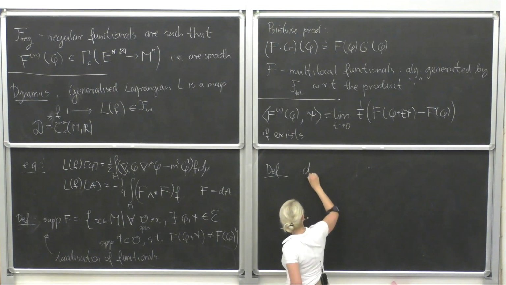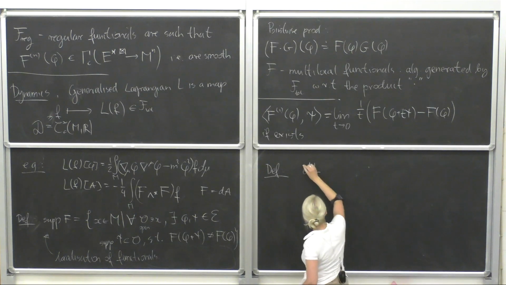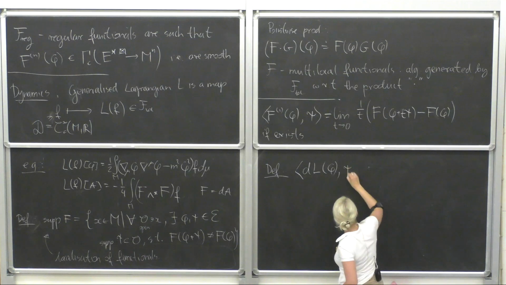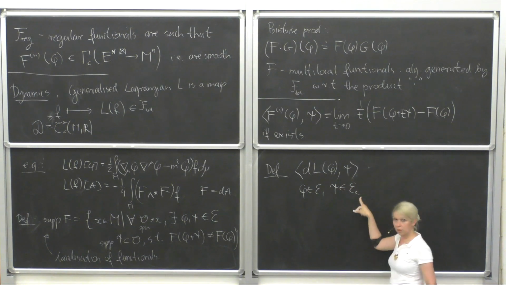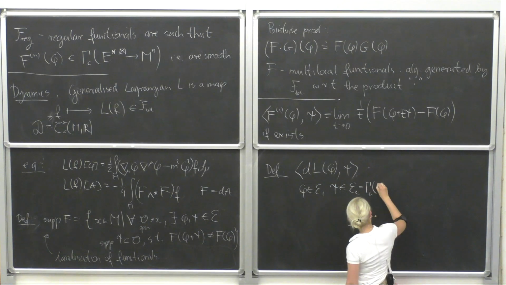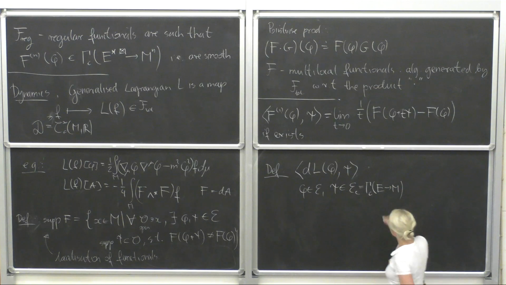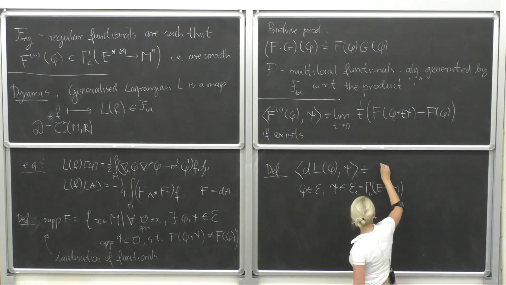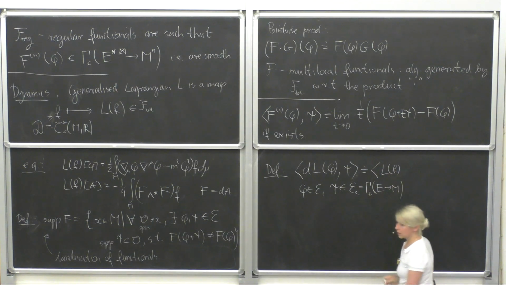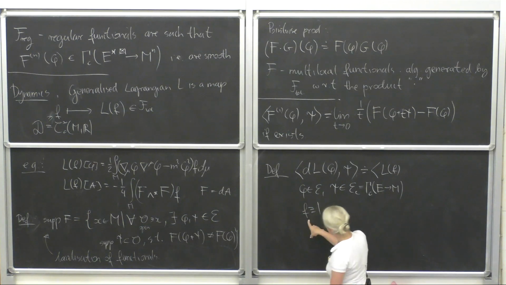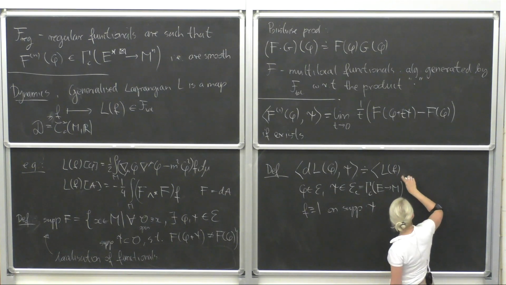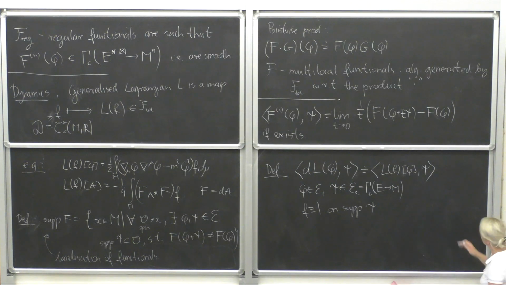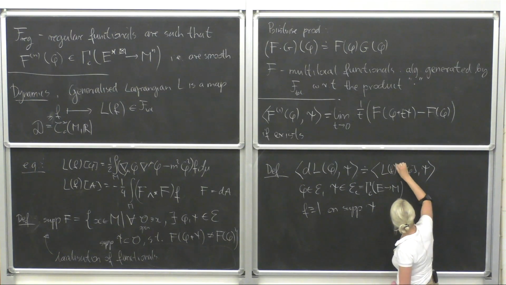The Lagrange derivative, dL, of phi in the direction of psi, where phi is in E and psi is a compactly supported section, is this: I take L of f for some f, I assume f to be identically 1 on the support of psi, and I take the first derivative.